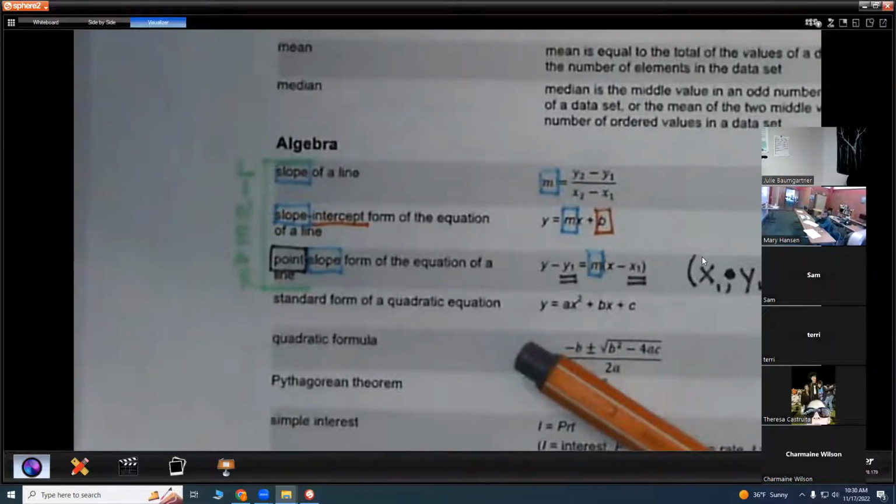And now, because we have a picture of the line, we don't need to use fancy algebra to figure out our slope.